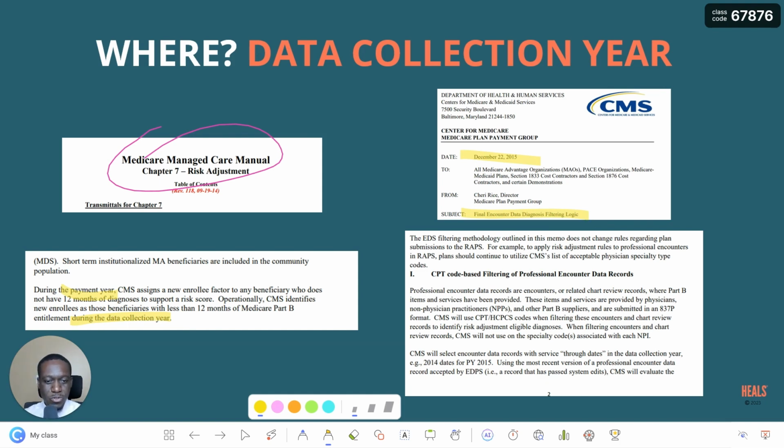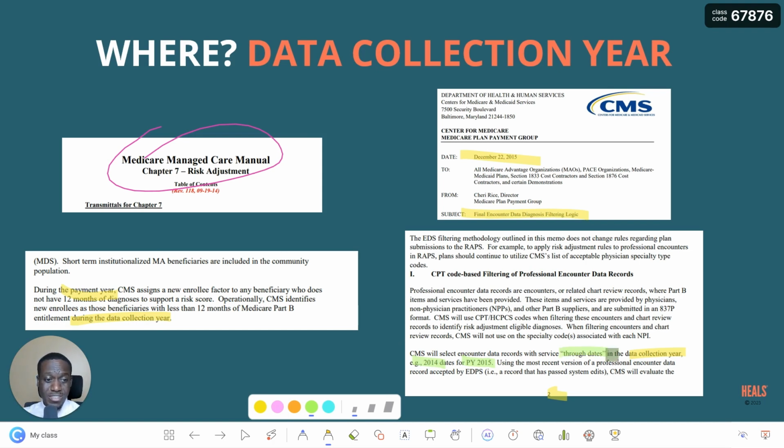On page number 2, you'll start seeing data collection year over here. And in addition to the data collection year, you also see payment year 2015 here, 2014. So data collection year 2014 for payment year 2015, like the example we just talked about.